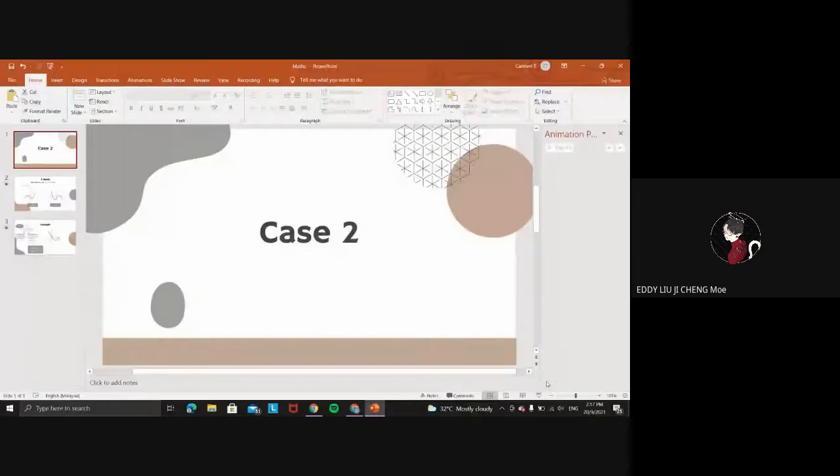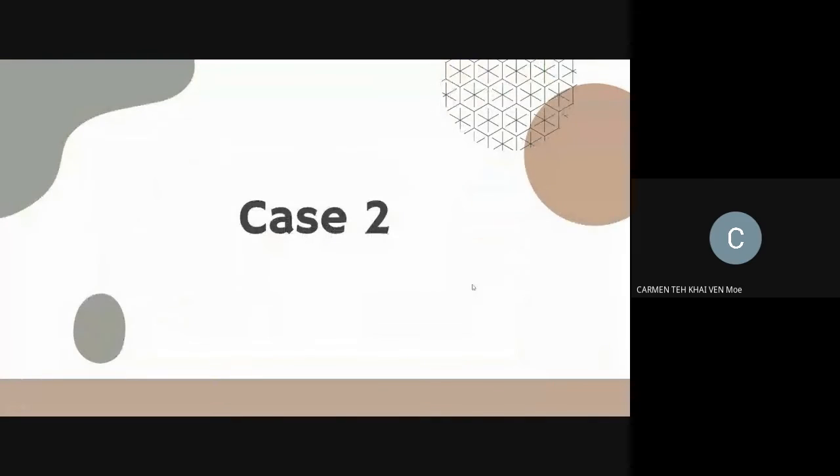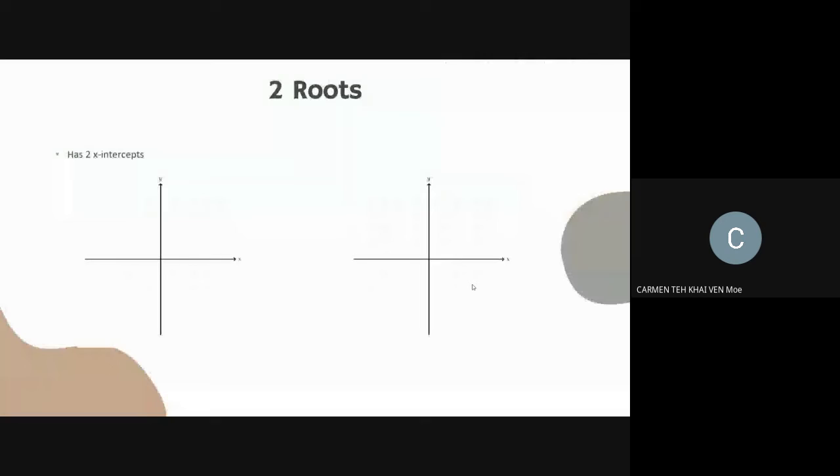Yes, I'm presenting. Today I'll be explaining case 2 of cubic function. In case 2, the cubic function has 2 roots, which means it has 2 x-intercepts. Just now, Fatin already explained the general equation.